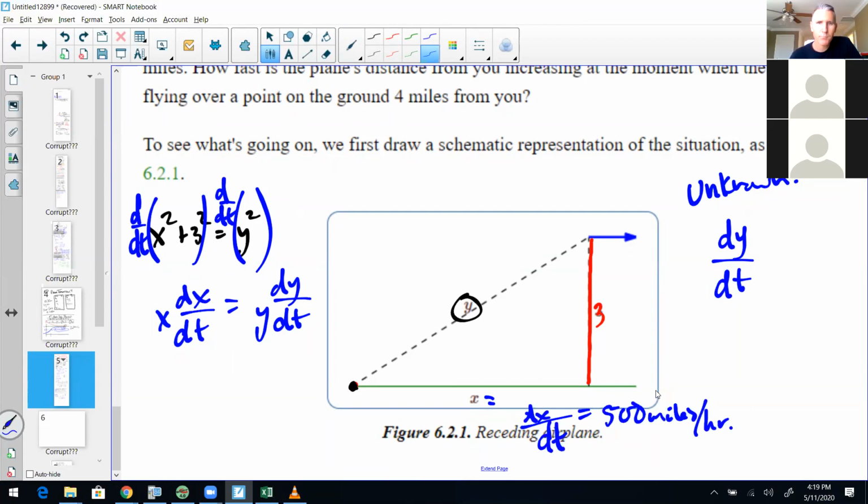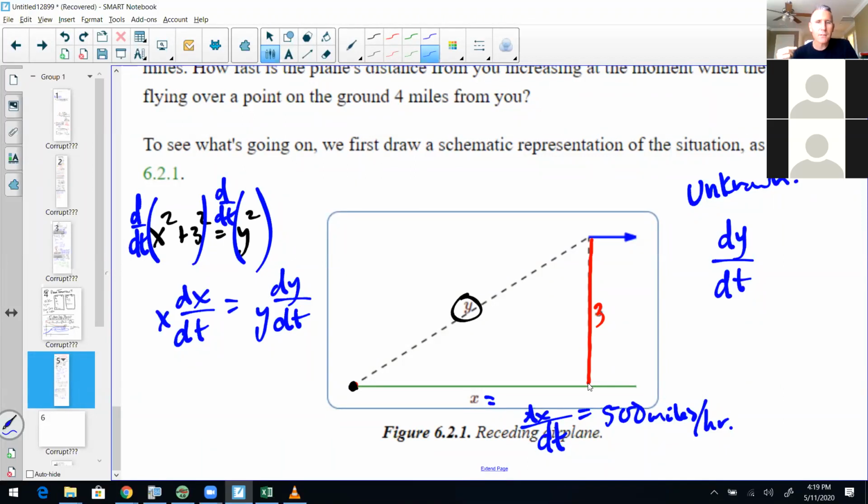So we look at dx/dt. I am calling this thing x, the distance from me to the point directly under the plane. Is x increasing or decreasing at this moment? Well, x is increasing, right? If x is increasing, dx/dt must be positive.